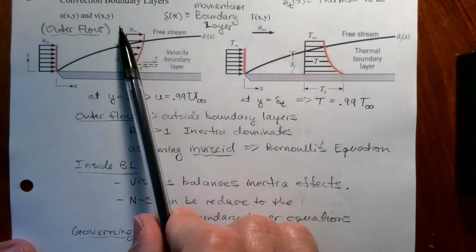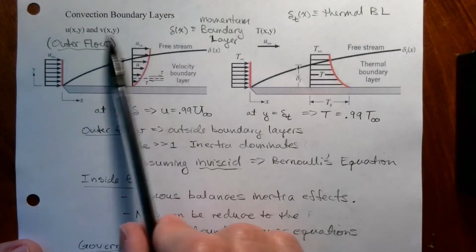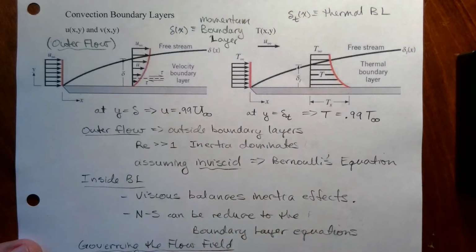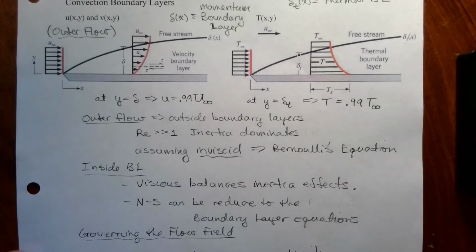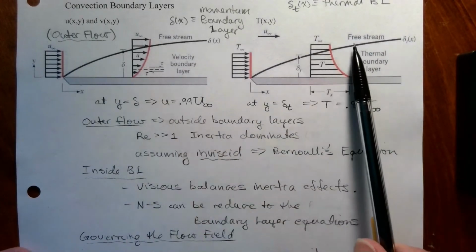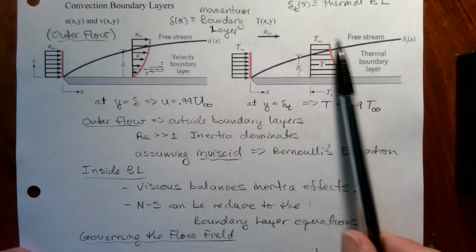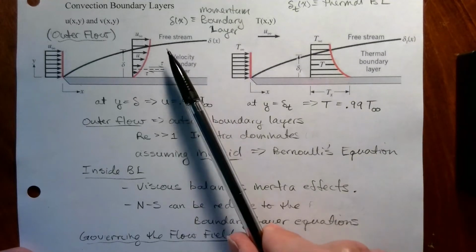Outside the boundary layer, we can assume the flow is inviscid, and Bernoulli's equation would apply out here. So again, different physics in that situation as well. The Navier-Stokes equations govern the flow field here. There is actually an energy equation that governs the temperature field here that is coupled with the velocity field.